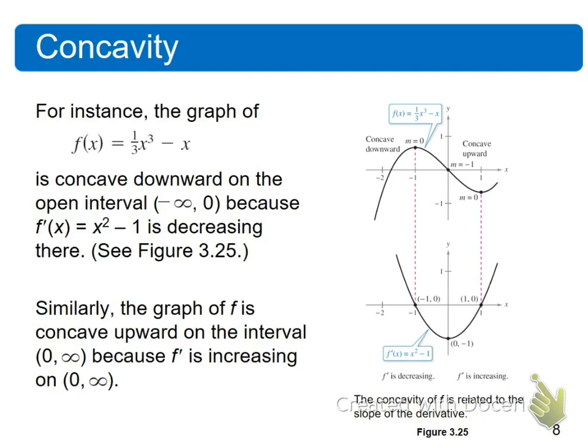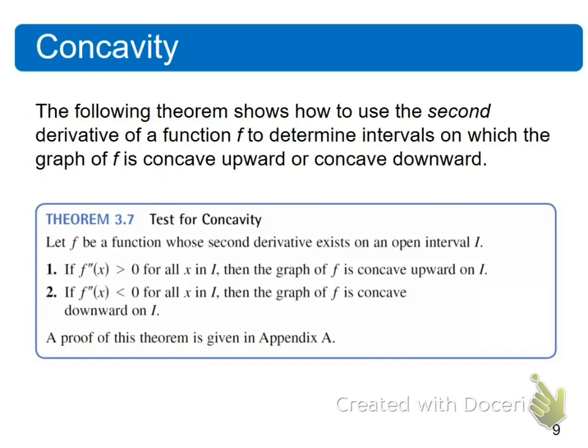Okay? You're going, so what? Well, that means this. And this is the test for concavity. If the second derivative, look up here before you write it. What's that mean? Second derivative greater than 0. If the second derivative is positive, the graph is concave up. If the second derivative is negative, that means concave down.